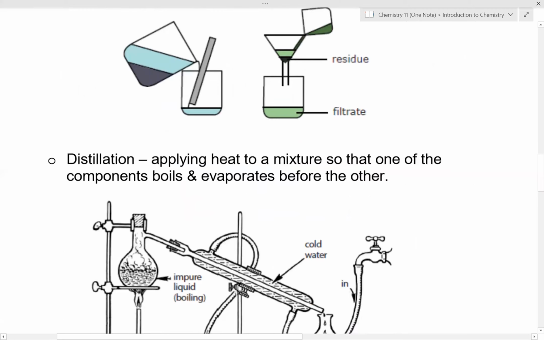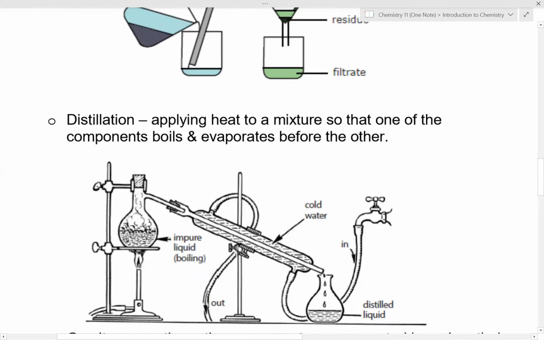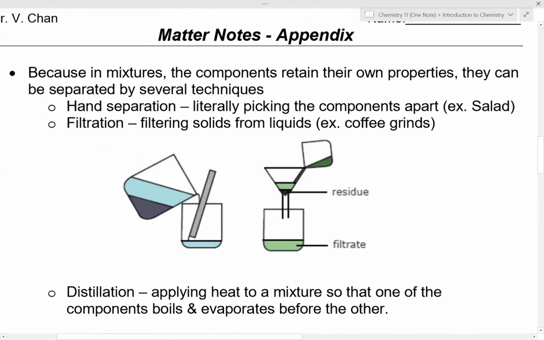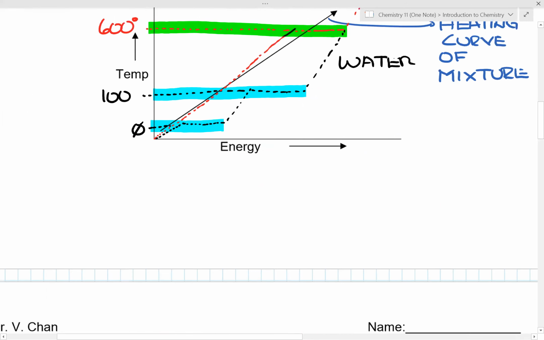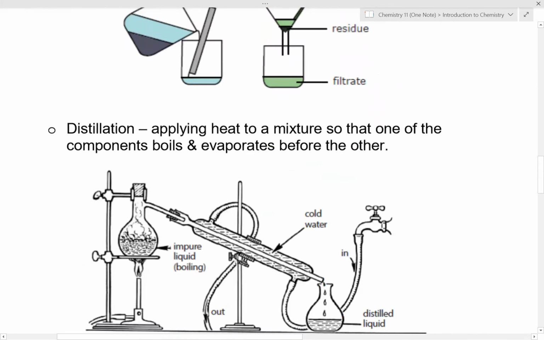Distillation is where you apply heat to a mixture so that one of the components boils and evaporates before the other. That uses the concept where you don't have the same phase changes for two different substances. So one will change phases first before the other. And that's what we call distillation.